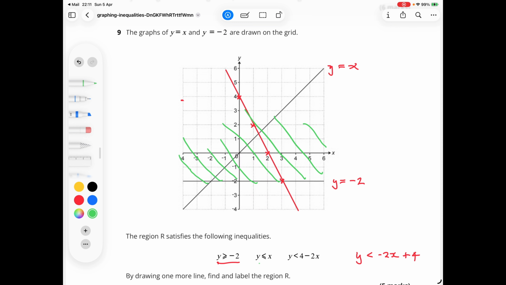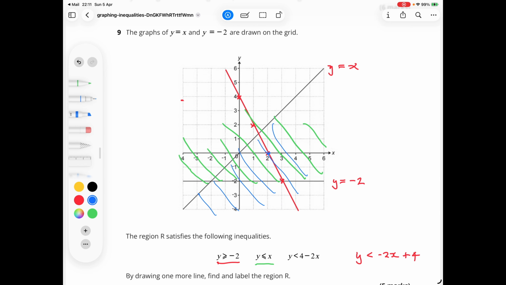And then y is less than x. So in this case, that would be all the area that is, so if we just took this point here, that would be 2, and the answer is 0. So that is everything that's south of here.